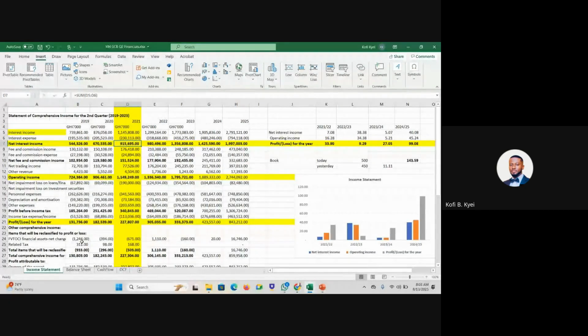If the company is making profits, it's good news for the industry or for the bank. So these three, for now, we can be using them. However, as an analyst, you can decide to use any portion of it, but it has to make a lot of sense.